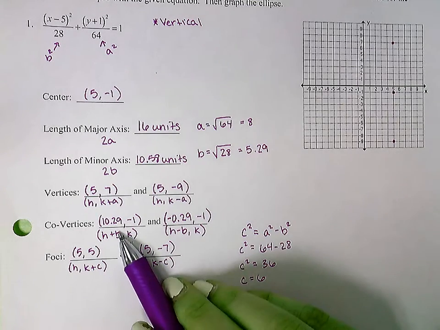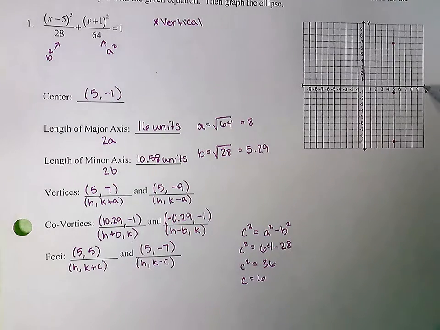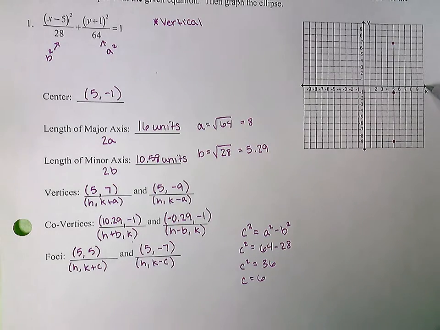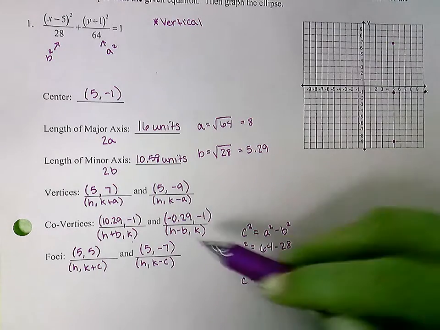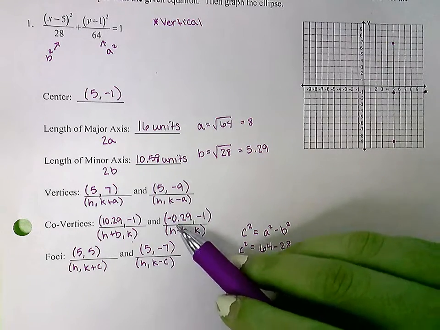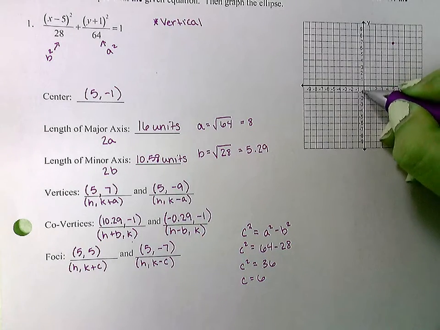Then plot your co-vertices. My point 10.29, -1 goes a little bit off of that graph, and that's okay. My second co-vertex is at -0.29, -1.